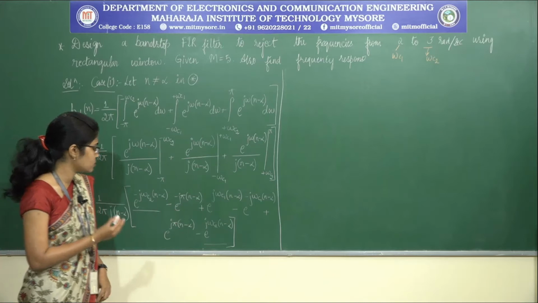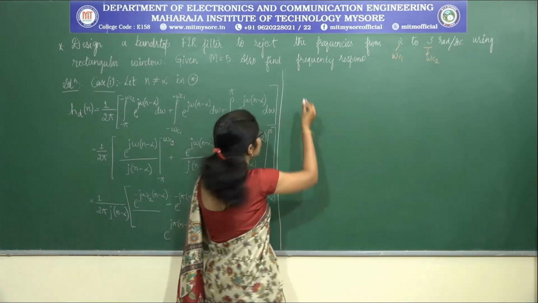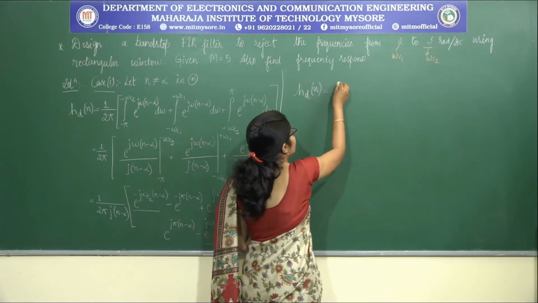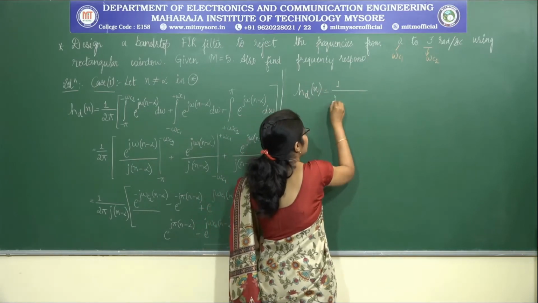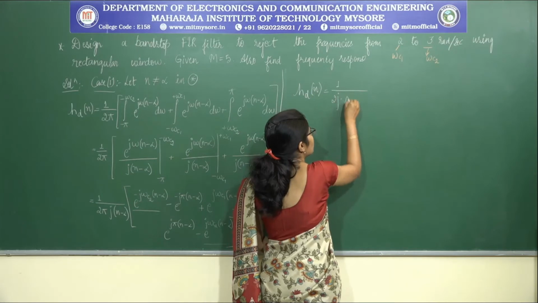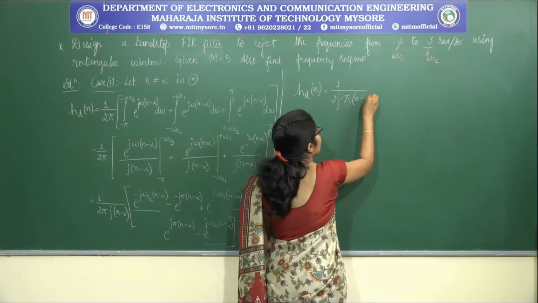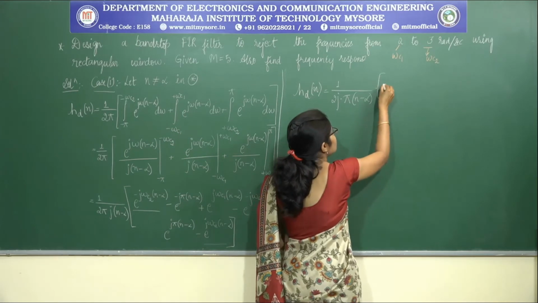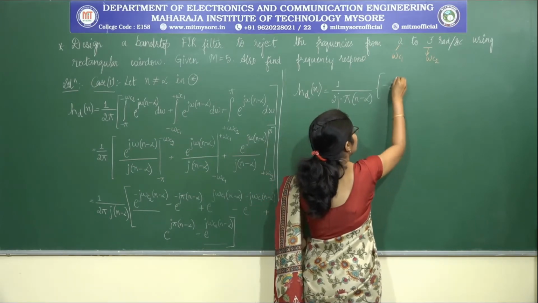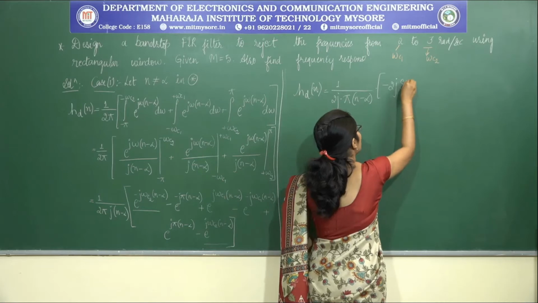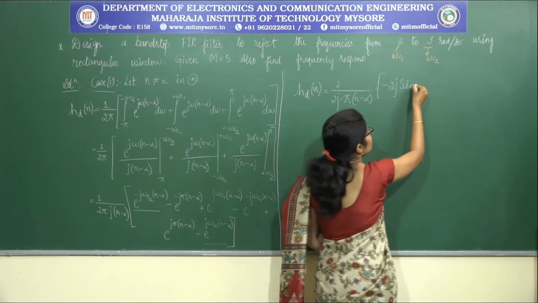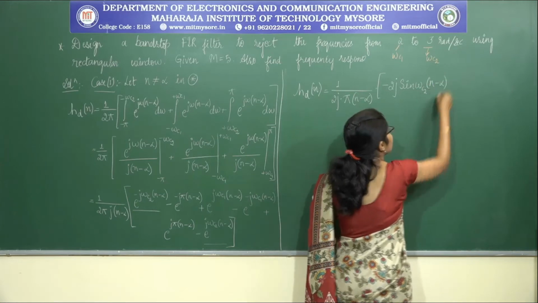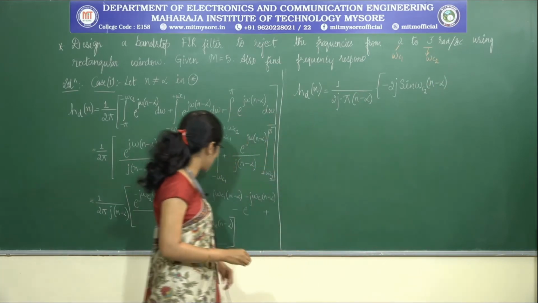So since it is reverse, let me rewrite the equation as hd of n will be equal to 1 divided by 2j into pi n minus alpha into, so it becomes minus 2j into sine, what is theta according to this? It will be omega c2 into n minus alpha. Okay, the first part is done.